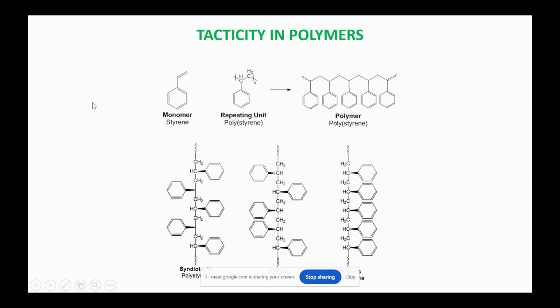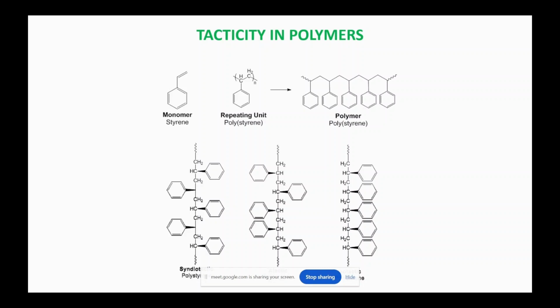The structure of a polymer affects its properties. We need to control these molecular structures so that we can get the desired properties for specific applications of our interest. In order to control the molecular structure of polymers, we need to talk about a concept called tacticity.